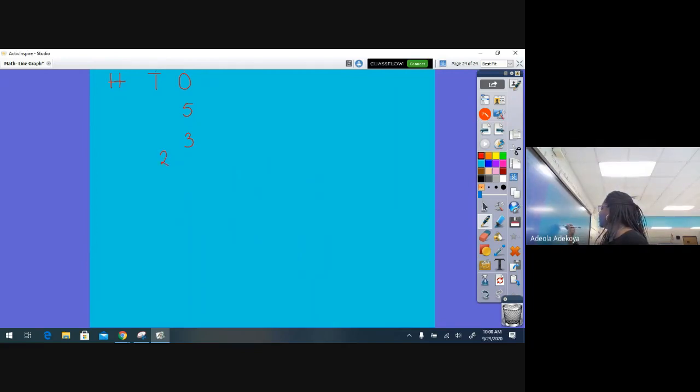So basically, I've got 2 tens, which means I have 10 and 10, which make 20. And then I have 5 ones, 1, 2, 3, 4, 5. Add those together and it will give me 25.